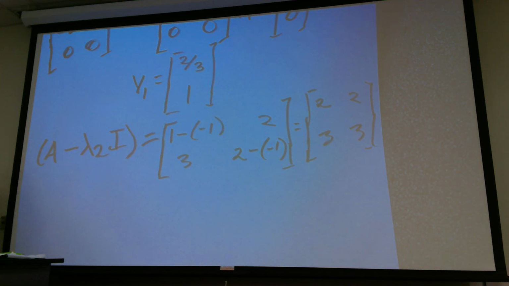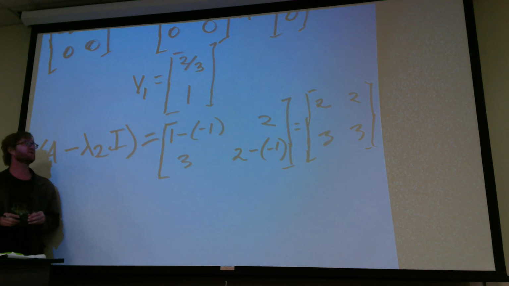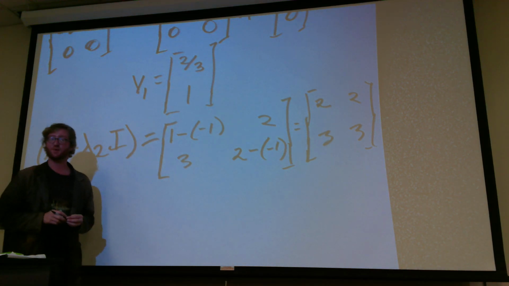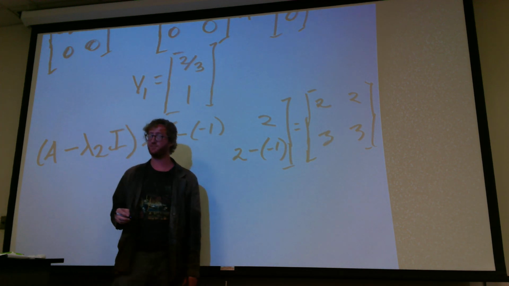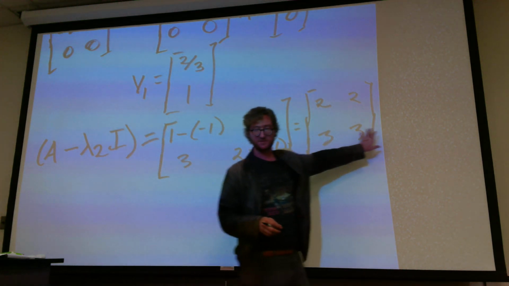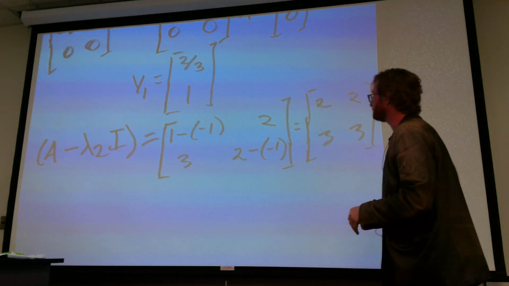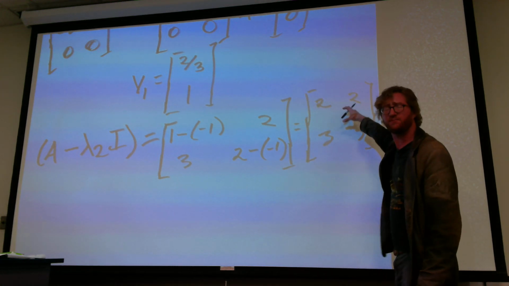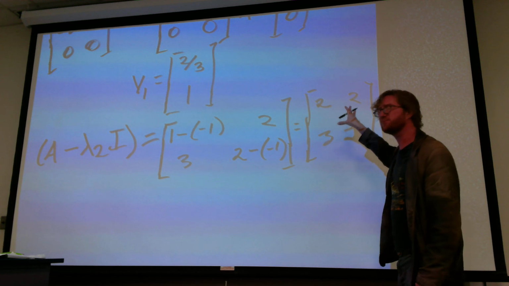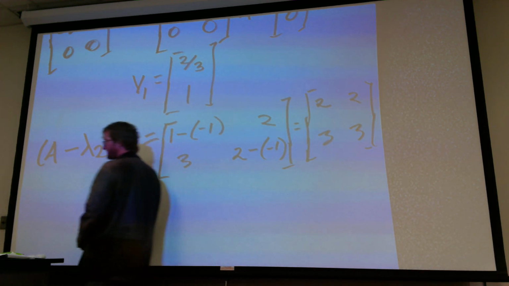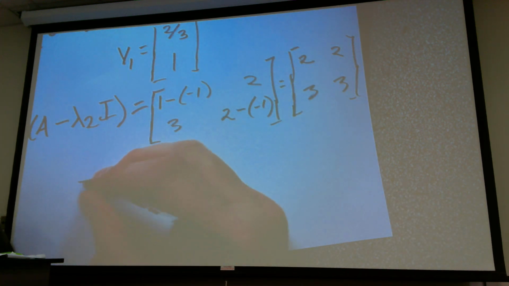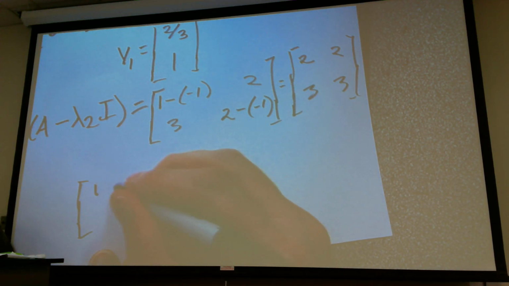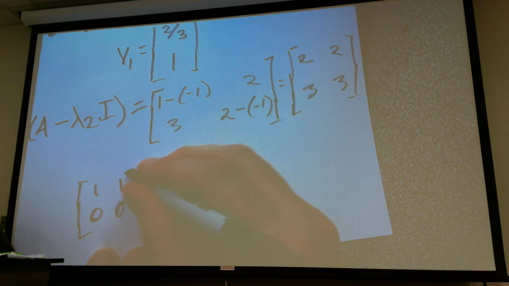Right, now by taking the top row and multiplying by negative 3 over 2 and adding it to the bottom row, we can completely kill off the bottom row. What can we also do to the top row? After we've eliminated that bottom row, I could take that top row and divide it by 2. So what this would eventually come out to be is 1, 1, 0, 0.